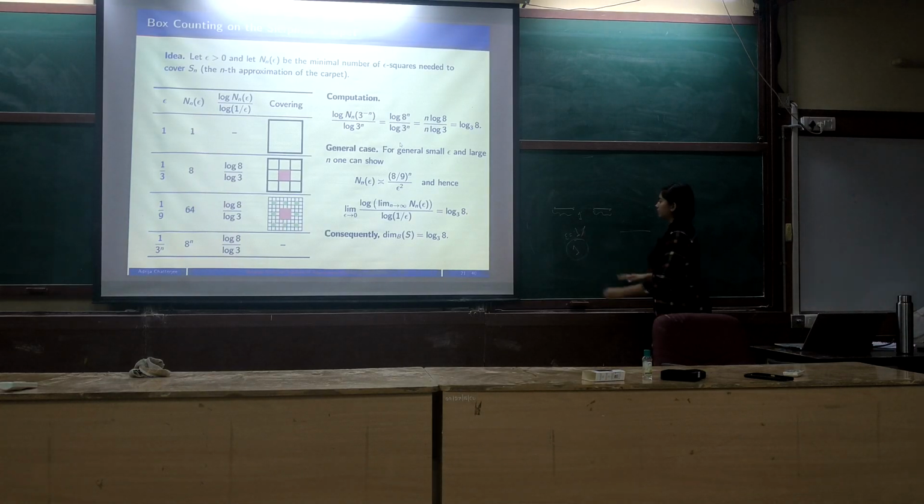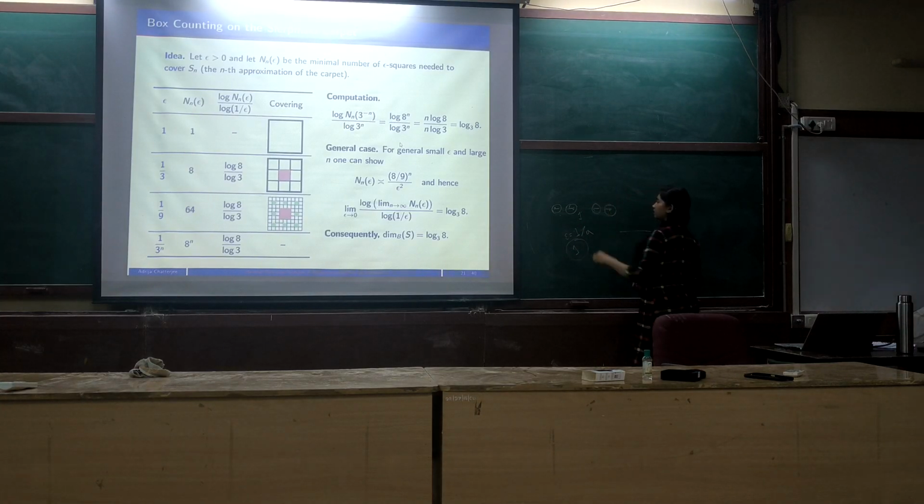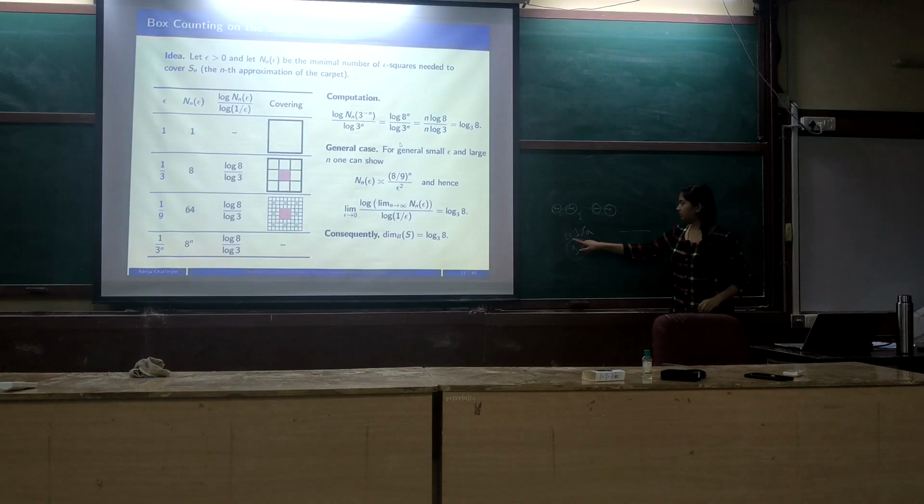Then when your epsilon is 1 by 9, again it gets divided, so you will need 4 sets to cover it.